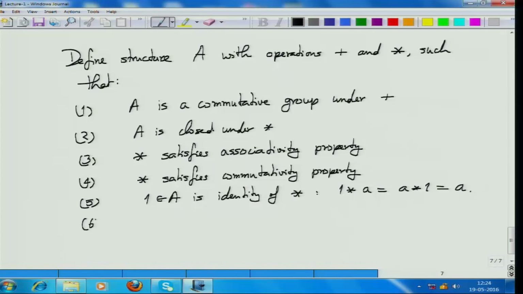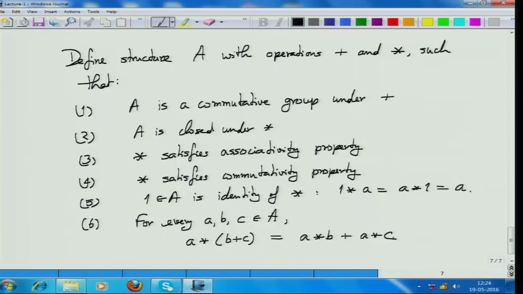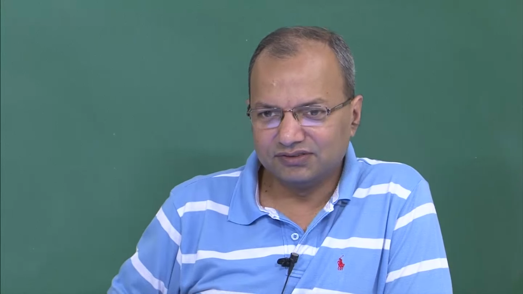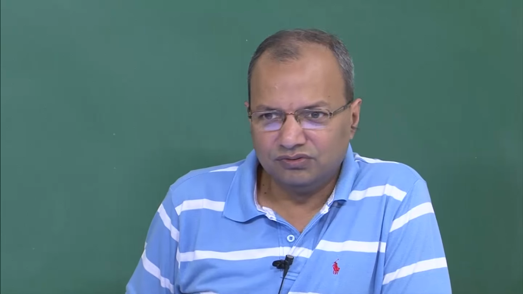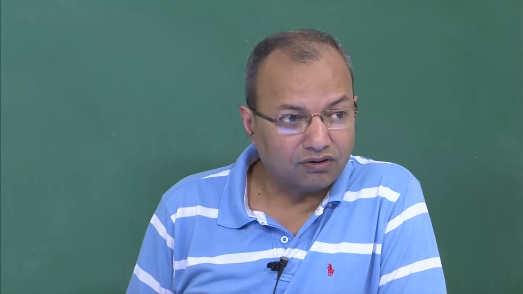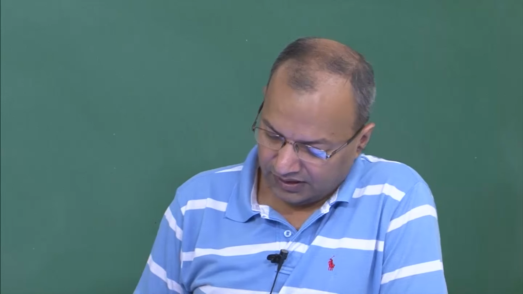And that is captured by a very simple property called distributivity, which is that for any 3 elements A, B, C in A, A times (B plus C) is the same as A times B plus A times C. That is again a very obvious property that multiplication and addition satisfy, and that we want to carry over or abstract out. This is called the distributivity property.